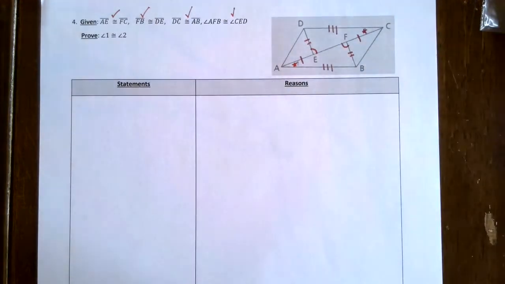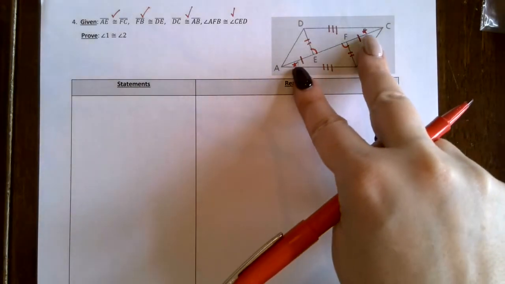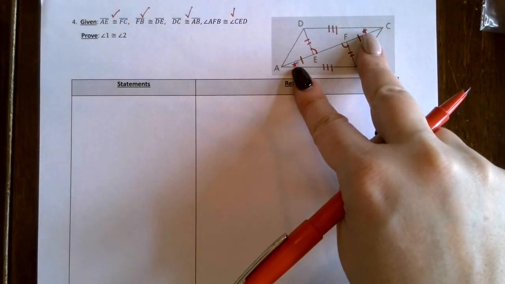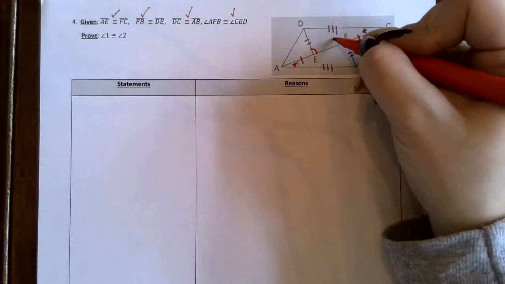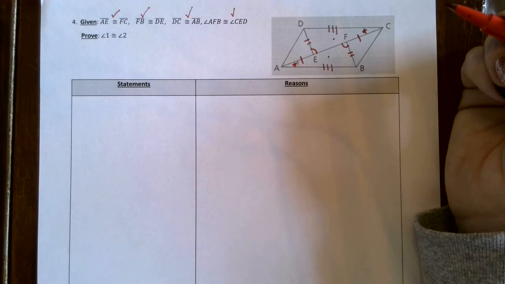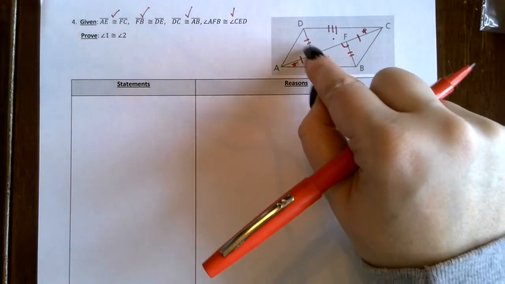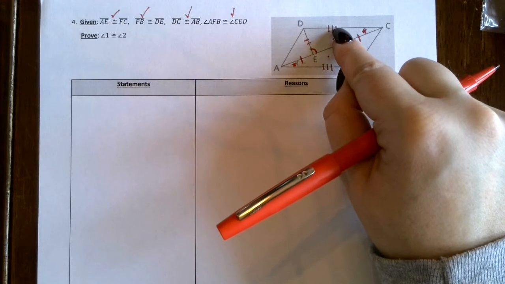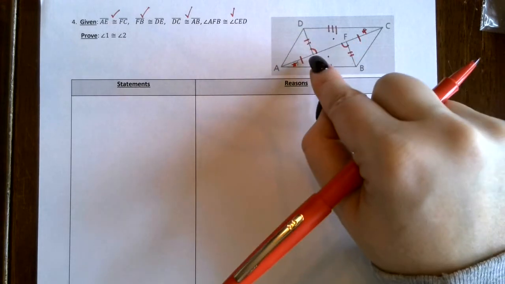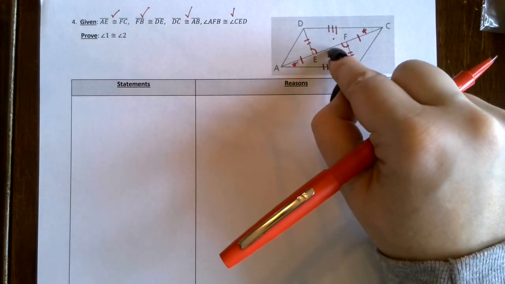Okay, so if I'm looking at this, I see that angles 1 and 2 are in this top triangle here and this bottom triangle here. Okay, so my issue here is that I have an angle side side. That does not work. Okay, but if I knew this piece, I could do side angle side.